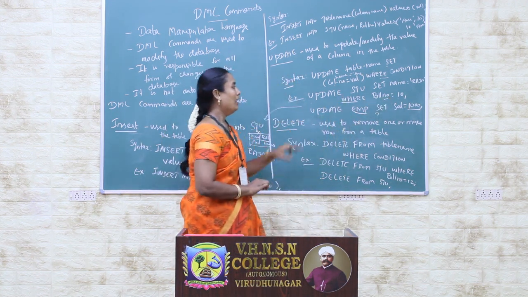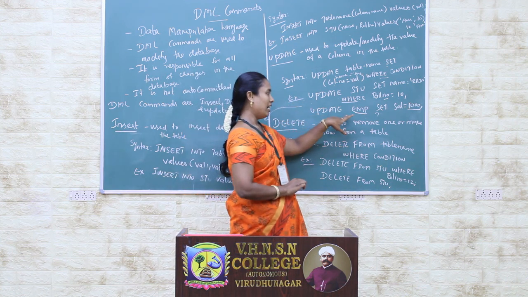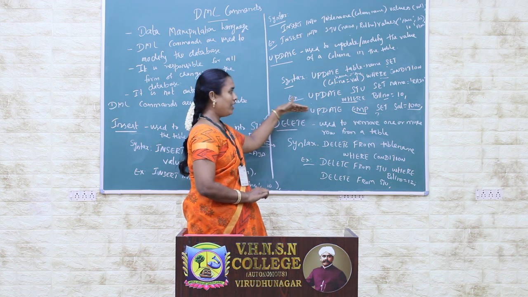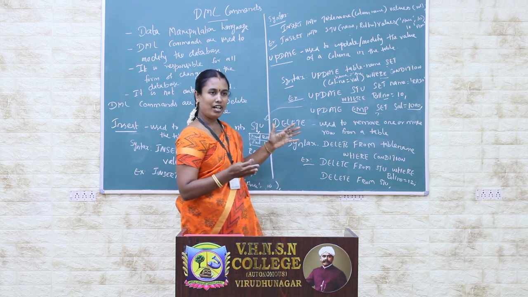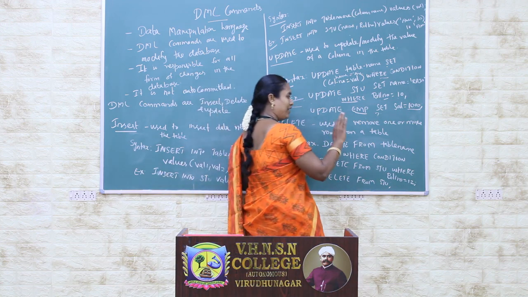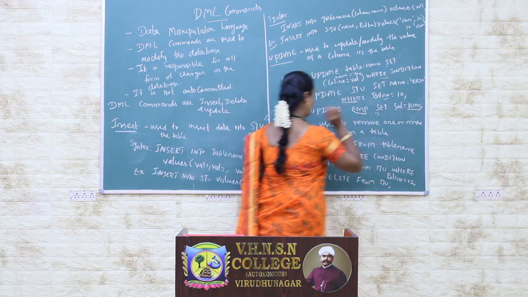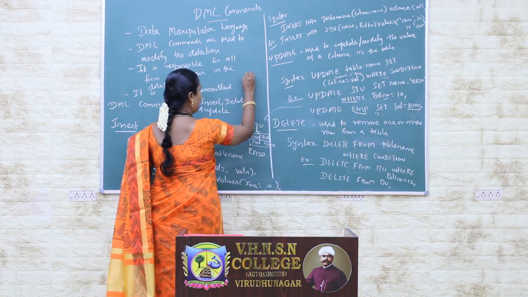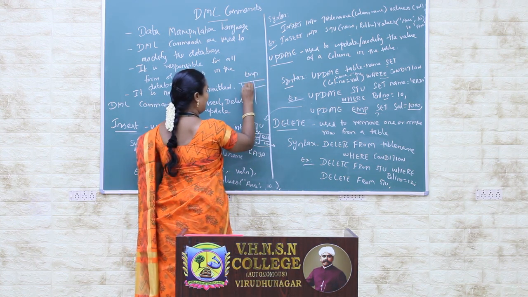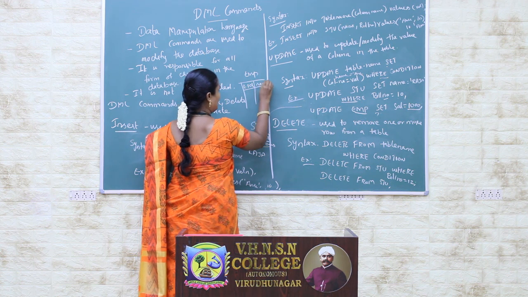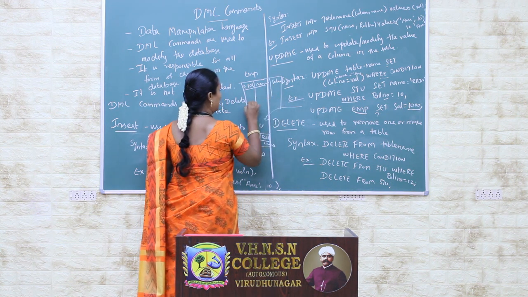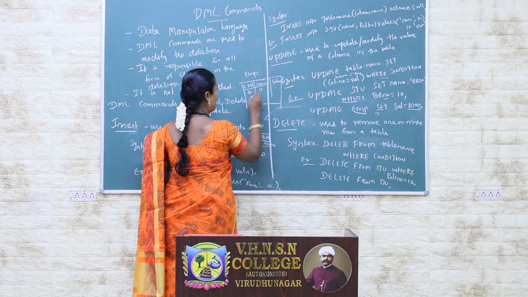But here, since I didn't mention any where condition, this update query applies to all the records available in the table, and the salary field of all those records is updated to the value 1000. For example, I have the employee table with the fields employee ID, name, and salary, but I first insert only the employee ID and the name.